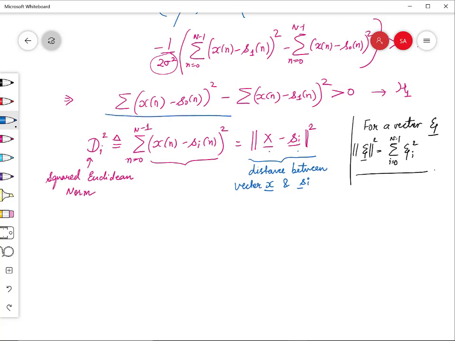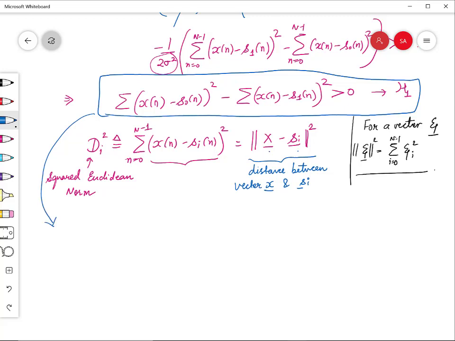So what does this statement mean here? Let's try to understand this. I can write it in d_i form. This means d0 squared minus d1 squared is greater than 0 for H1. For choosing H1, I should have this particular thing correct, or d1 squared is less than d0 squared.